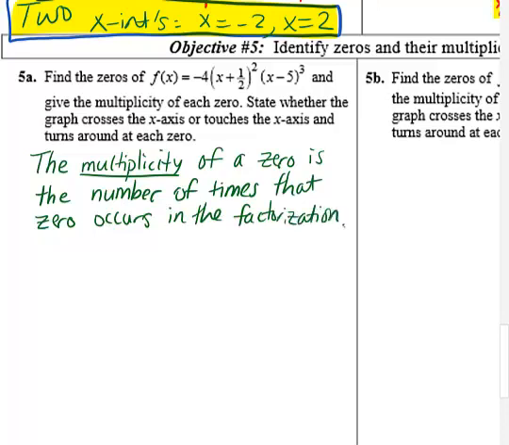The easy way to think of it, though, is it will be the exponent on that factor.